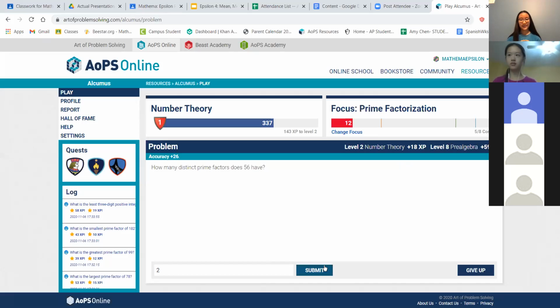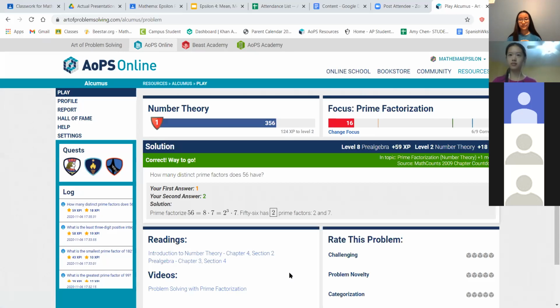Do you guys know what distinct prime factors are? Okay. And for this question, 56 would be 2 cubed times 7. And this question isn't asking for how many factors, it's asking for the distinct prime factors. And the distinct prime factors are 2 and 7. So that's just 2 prime factors.